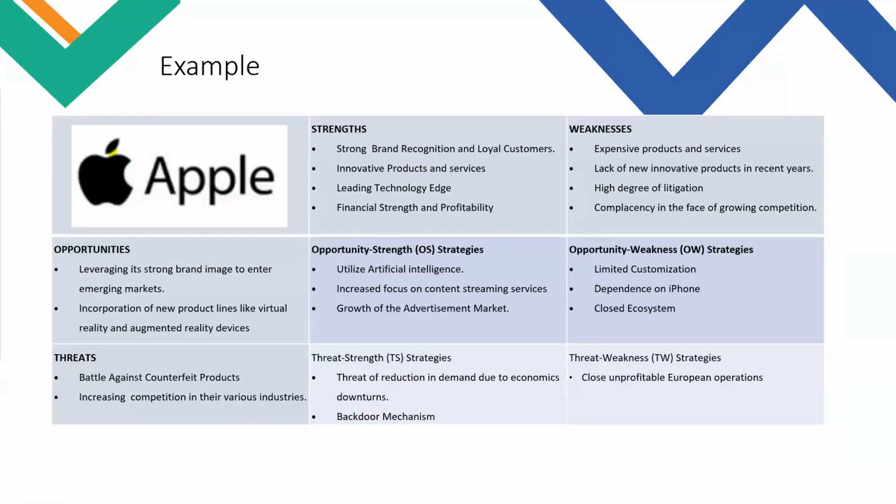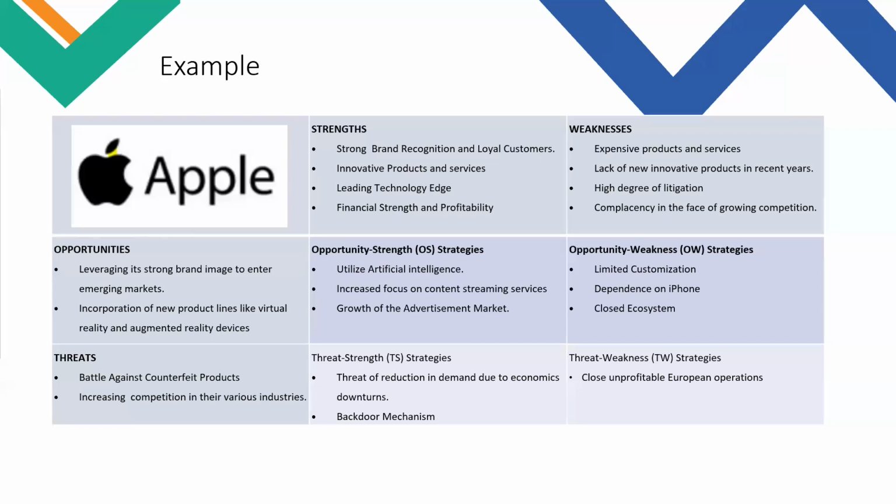And again, an example would be Apple. Steve Jobs and Steve Wozniak provided an example of how financial goals can be emphasized in the SWOT grid to develop strategies for the Apple Corporation. The opportunities: leveraging its strong brand image to enter other markets. Apple was first a computer company.